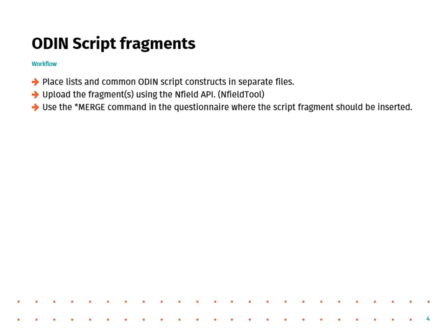And the *merge command was already there, but was never active in Nfield, because we did not have anything in place to put these separate files in a place where we could reach them. And this has now been fixed, so now actually we can upload these using the Nfield API.